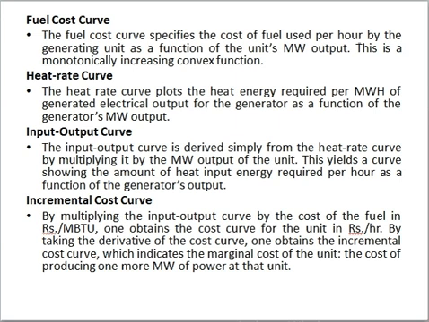Next, the incremental cost curve. You already know the input output curve, which is heat versus megawatt output. The incremental cost curve is obtained by multiplying by cost, that is, the input cost and the output cost.